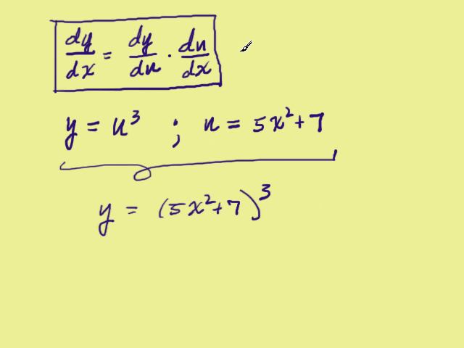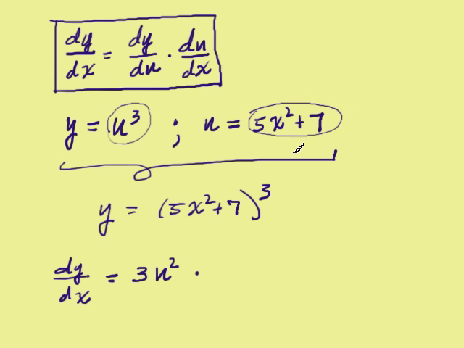All right, now we're going to follow this chain rule to take the derivative. So we'll say dy dx is equal to dy du, well, that's take the derivative of y with respect to u, so just take the derivative of u cubed, so that would be 3u squared, times du dx, okay, just take the derivative of u right here, and we'd get 10x.